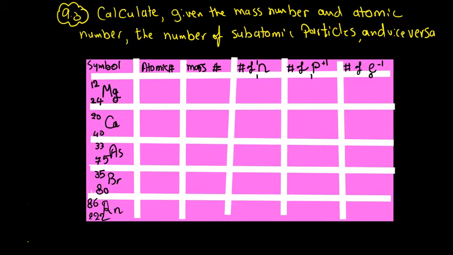Very simply, the small number is the atomic number, and the big number is its mass number. For the number of neutrons you should subtract mass number minus atomic number. So 24 minus 12 equals 12. Number of protons is the atomic number itself. Number of electrons, if the atom is neutral like that, is also 12. Because in a neutral atom, the number of protons equals the number of electrons. Remember that.